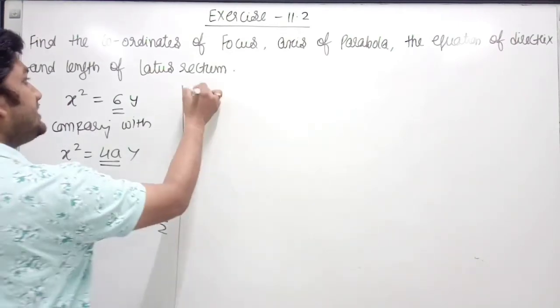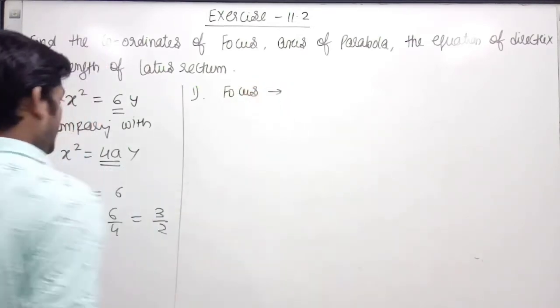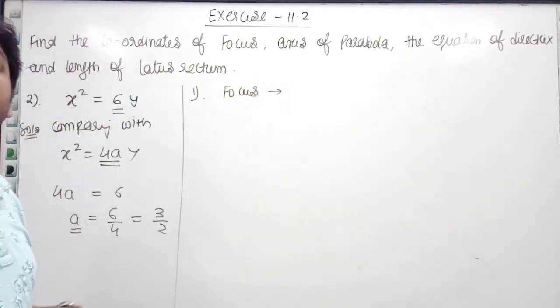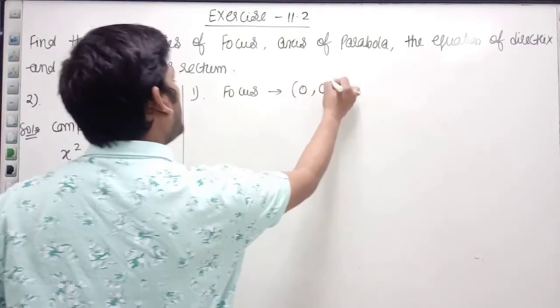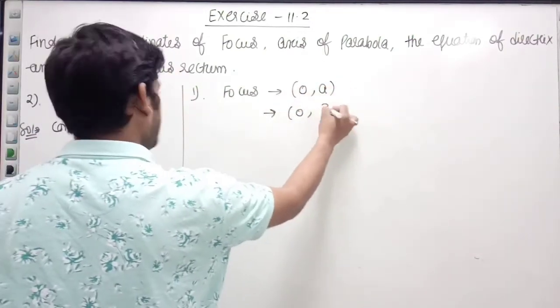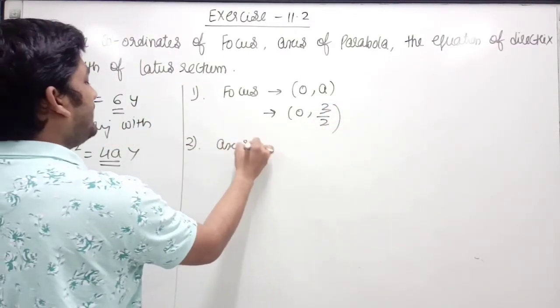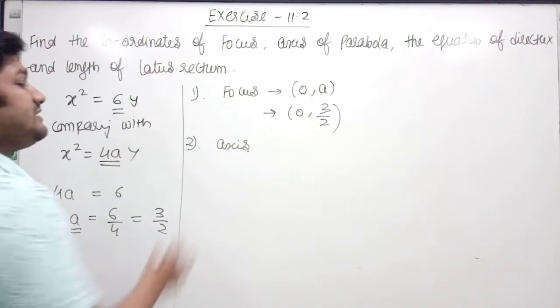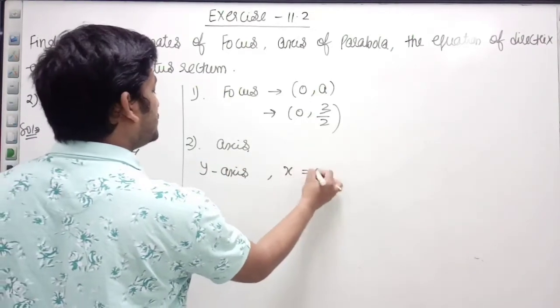Now the first thing is coordinates of focus. As the power of y is 1, the focus will be on the y-axis. Remember this, 0 comma, or directly compare with the table, 0 comma 3 by 2. Second, axis of parabola. Power of y is 1, so y-axis, x equal to 0.